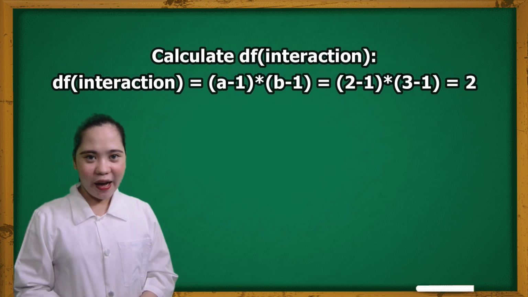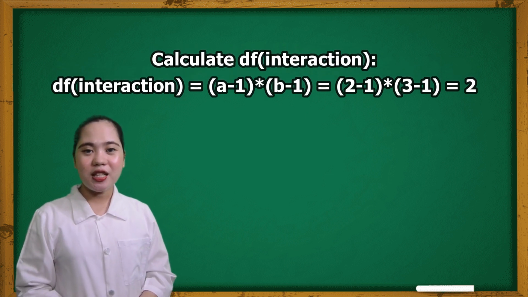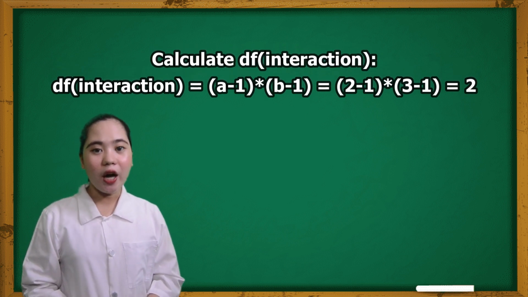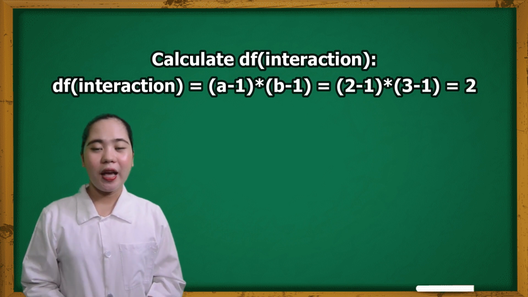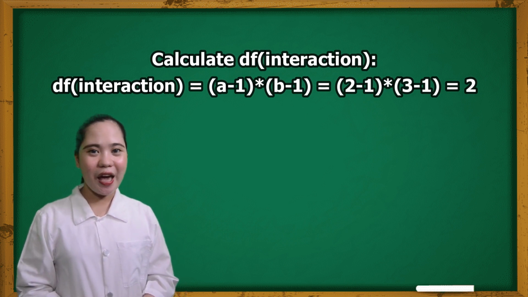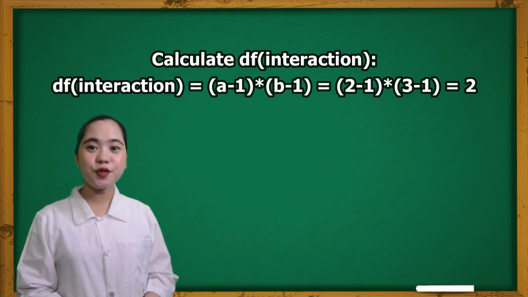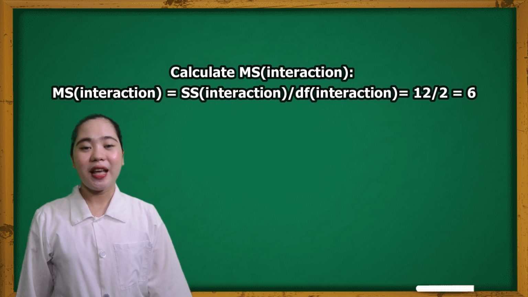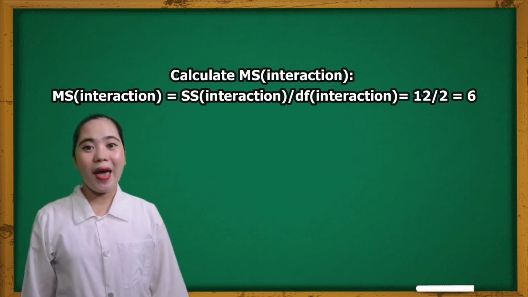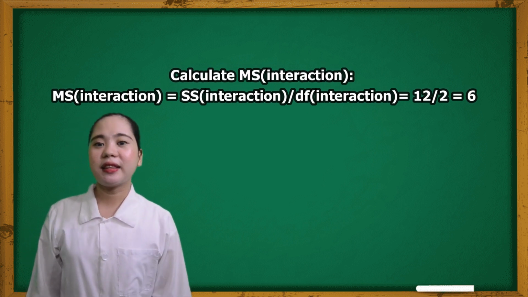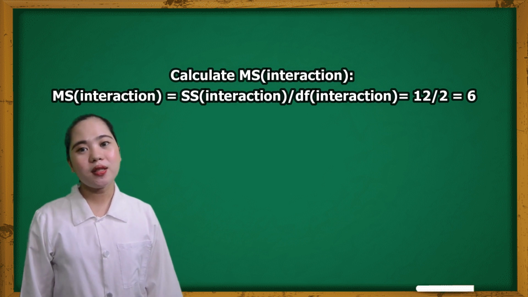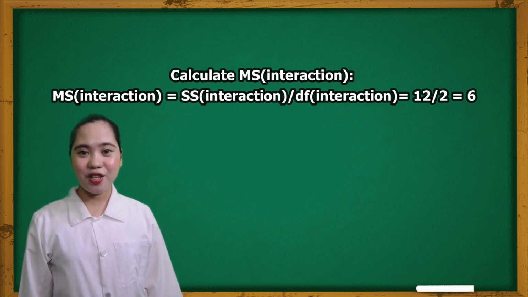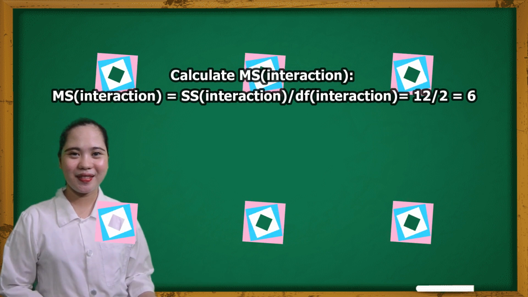Calculate DF interaction. DF interaction is equal to A minus 1 times B minus 1 equals 2 minus 1 times 3 minus 1, and the answer is 2. Calculate the MS interaction. MS interaction is equal to SS interaction divided by DF interaction equals 12 divided by 2, and the answer is 6.